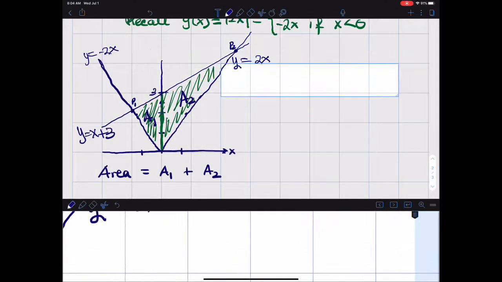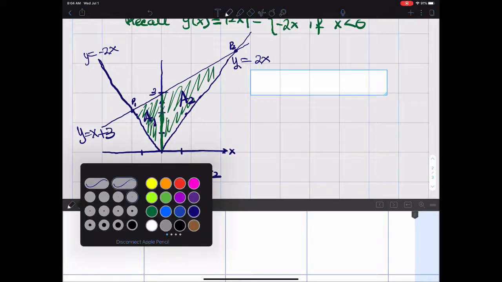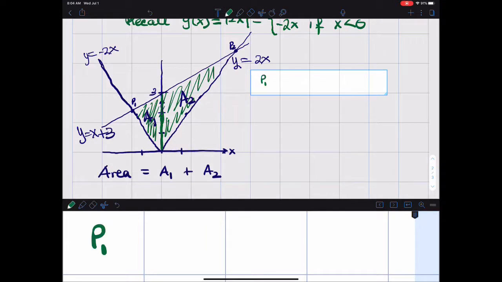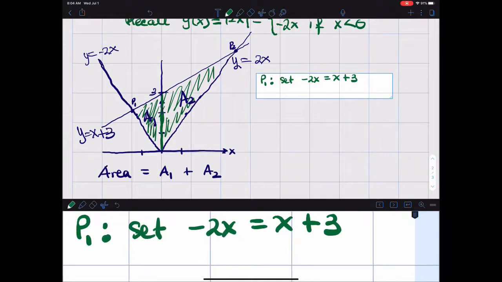All right? So first of all, let's look for P1. To find P1, we need to set negative 2x equal to x plus 3. If you solve this, I'm going to solve it really quickly. If I take x to the other side, I just get 3x, and then bring x to this side, I get negative 3.